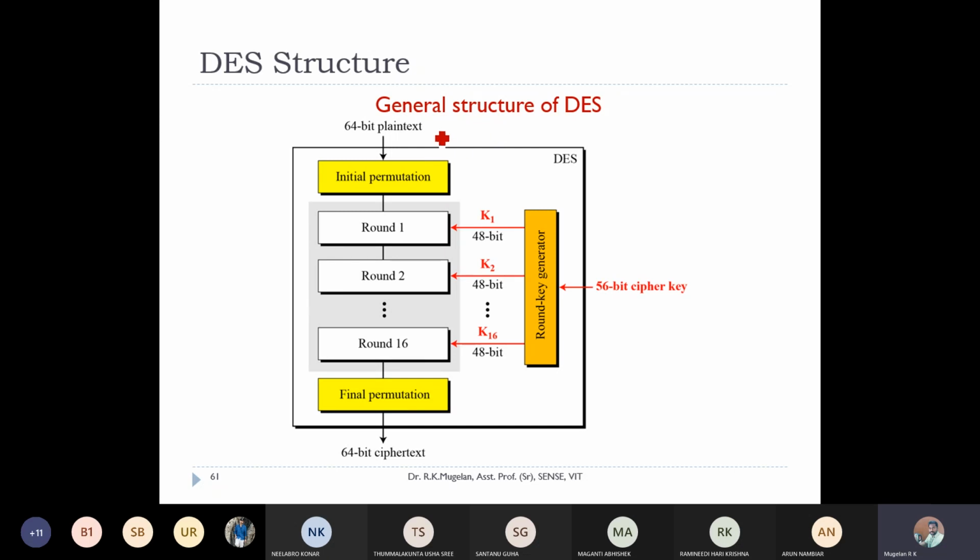Here comes the input: a 64-bit plain text will come as input, which will undergo the initial permutation, which is a P-box. Specifically, it's a straight P-box. Then come your Feistel rounds from 1 to 16.